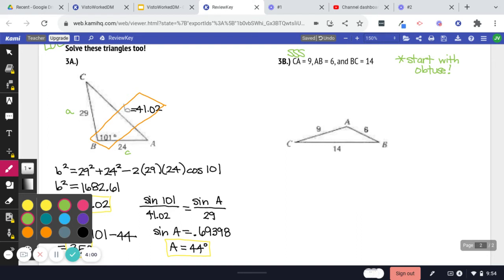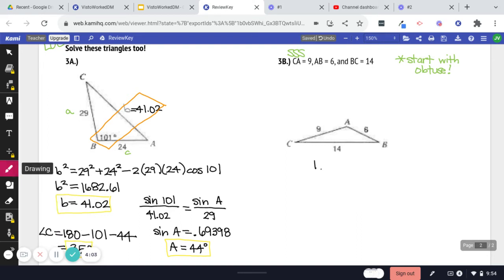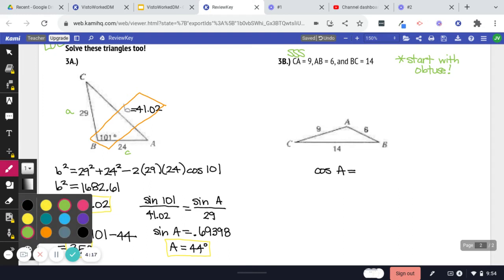So in my side, I'm going to start with 14 squared, and I'm going to start by trying to find angle A. So actually, I think most of you really liked what you saw in Delta Math, but what you got in trouble with is, and I'll put this formula right here, so I'll just use A. You confused yourself because you were just using them in the order they gave them to you.